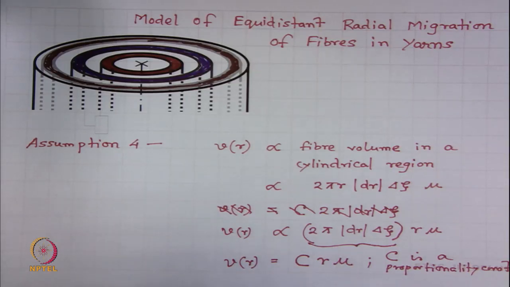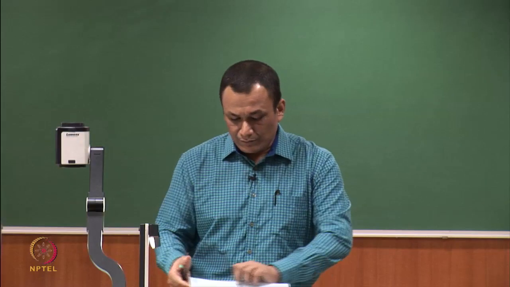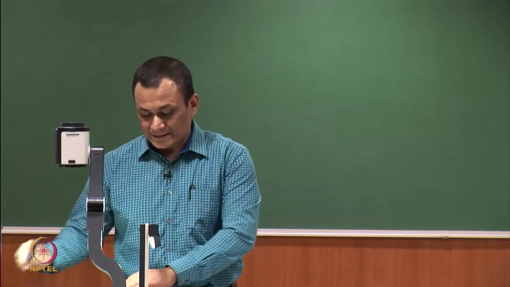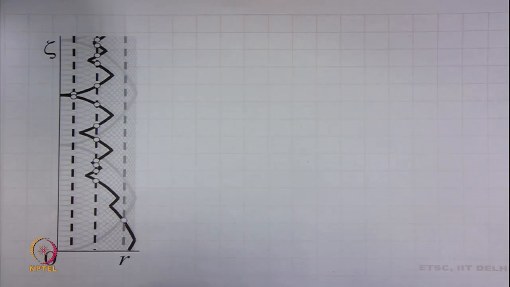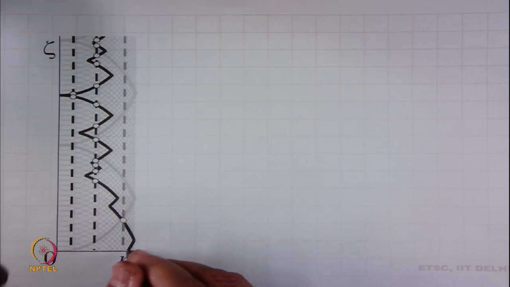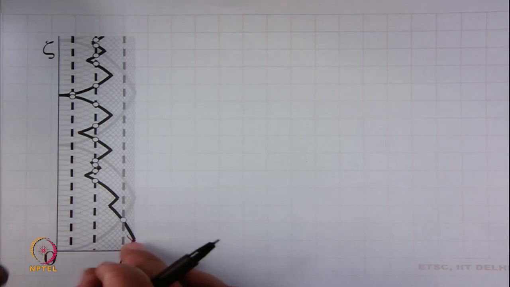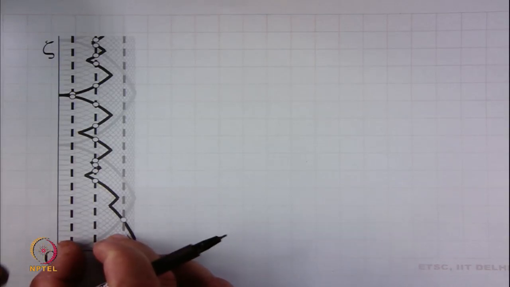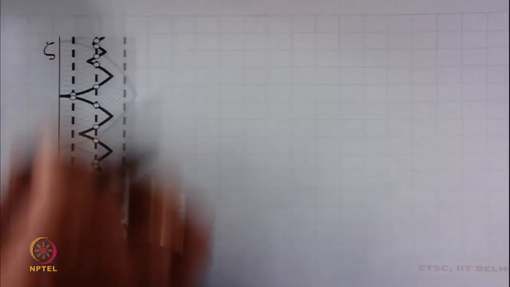Now, it is evident that the model path of fibers, if we imagine, then in this model of equidistant fiber migration, it starts somewhere here, then it has very less intersections near to the surface, maximum fiber to fiber intersections happening over here, at the core also it is very less.